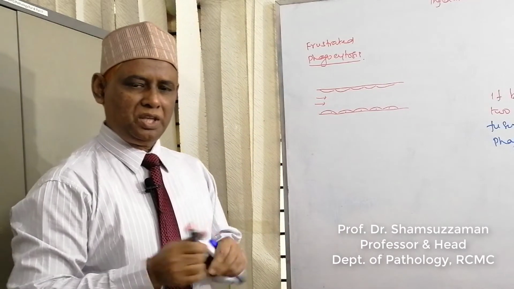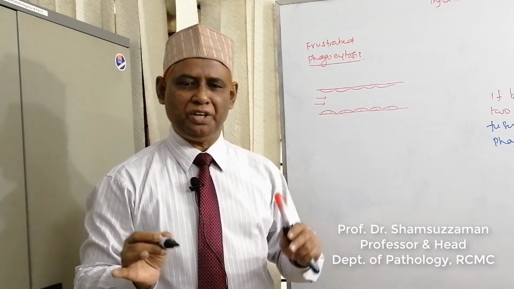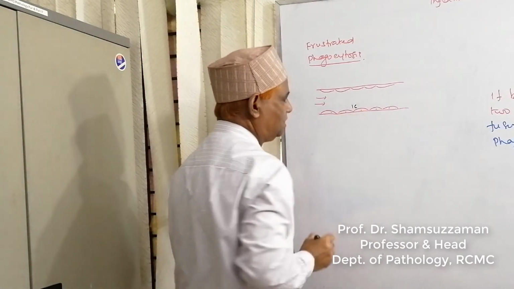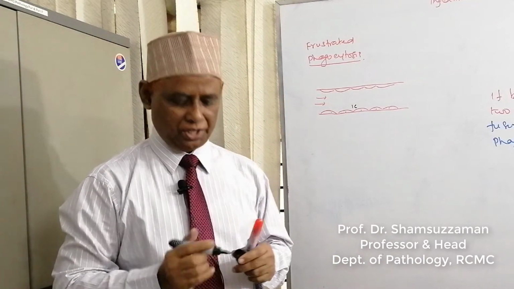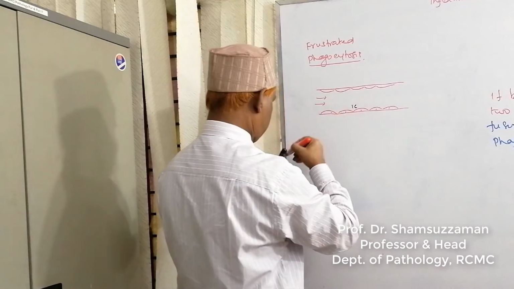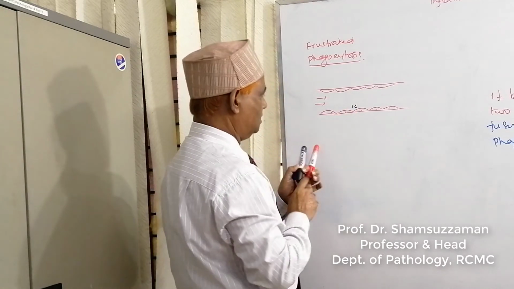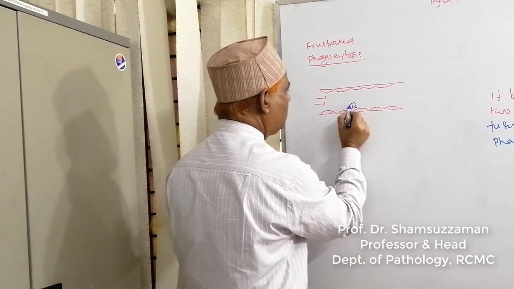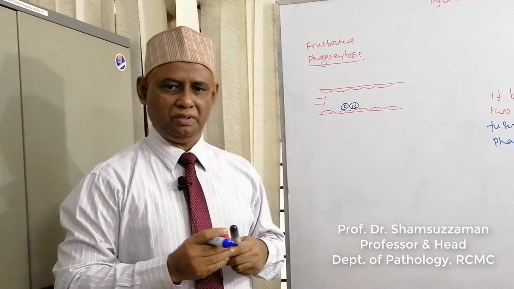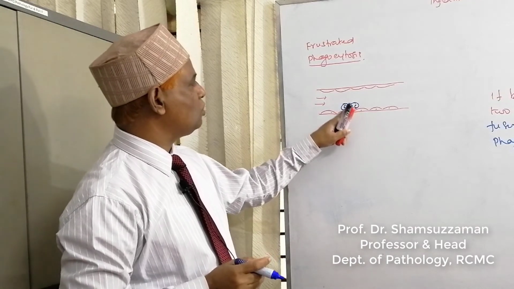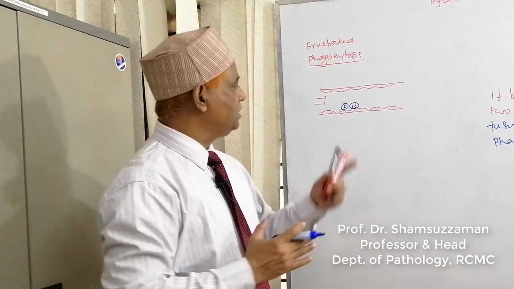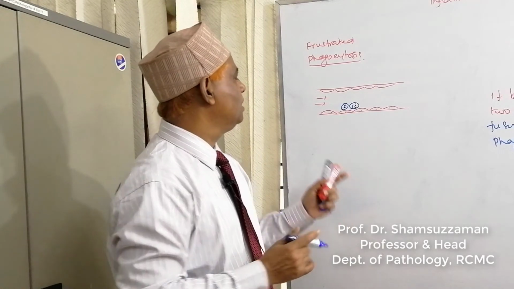If an immune complex is formed in the blood vessel, made of antigen and antibody, the neutrophil tries to engulf the immune complex on the smooth surface of the endothelium.